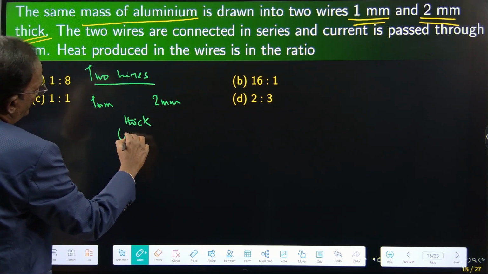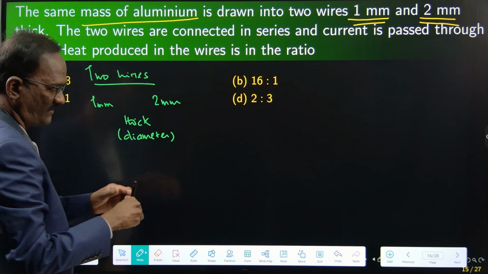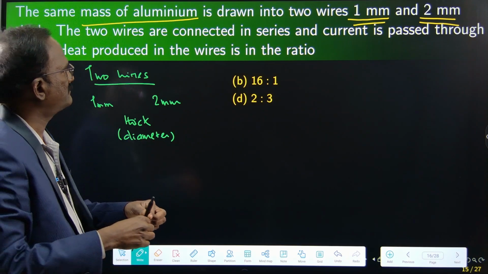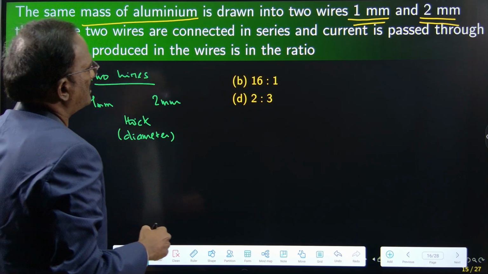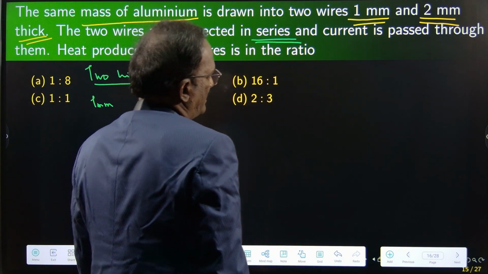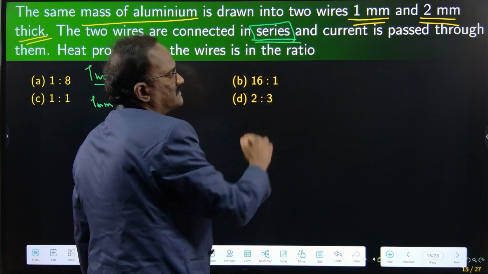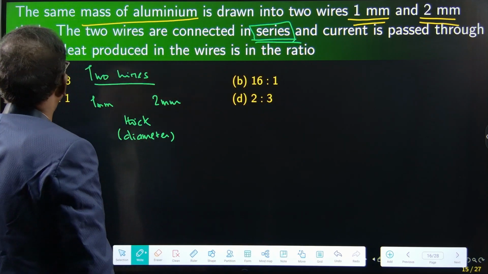Thickness means diameter, right? The two wires are connected in series and the current is passed through them.